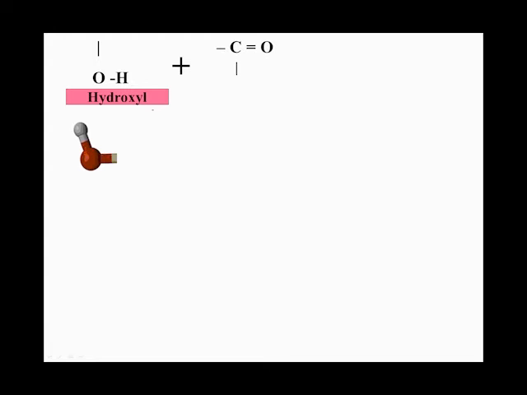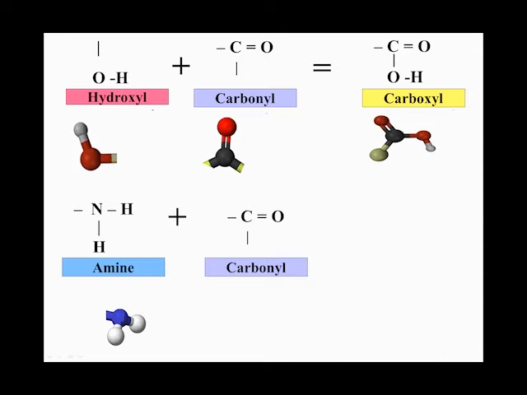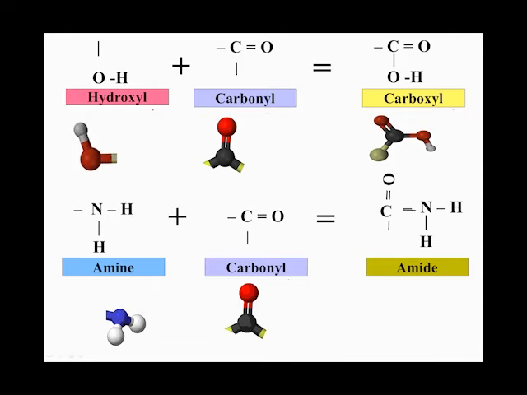A hydroxyl group and a carbonyl group combined yield a carboxyl group, which is our acid group. An amine plus a carbonyl would give us an amide, just like I mentioned before.